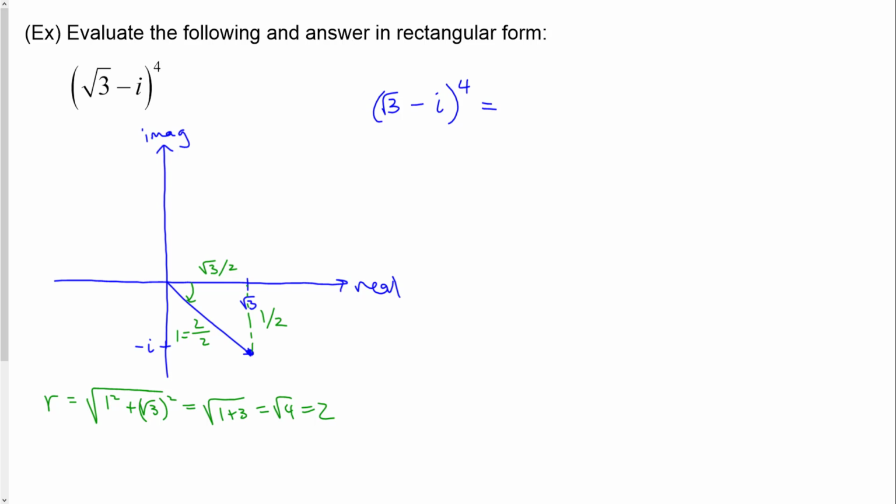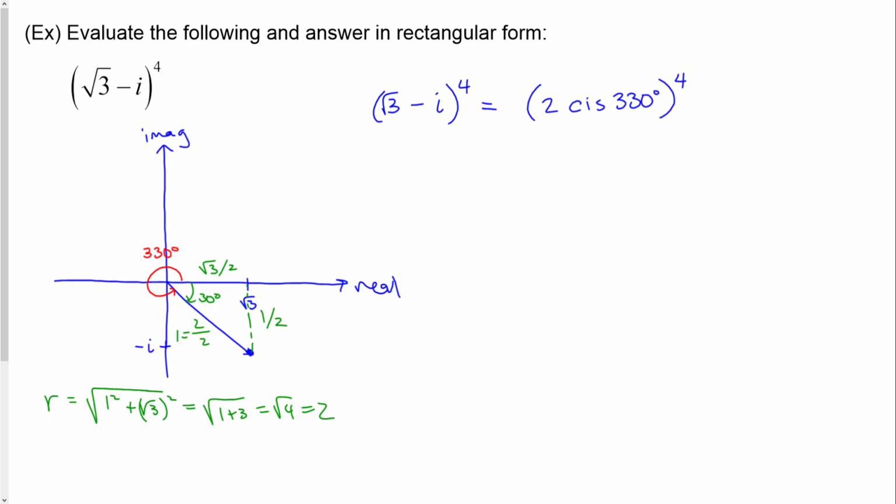This angle measure right here, which is opposite the 1/2, is my 30-degree angle, which means the full angle for this, going this way, I'll just do in red so you can see a different one, would be 330 degrees. Okay, and it's 330 degrees because it's 360 all the way. I've gone 30 already, so just the difference. This right here can be written as 2 cis 330 degrees to the 4th power.